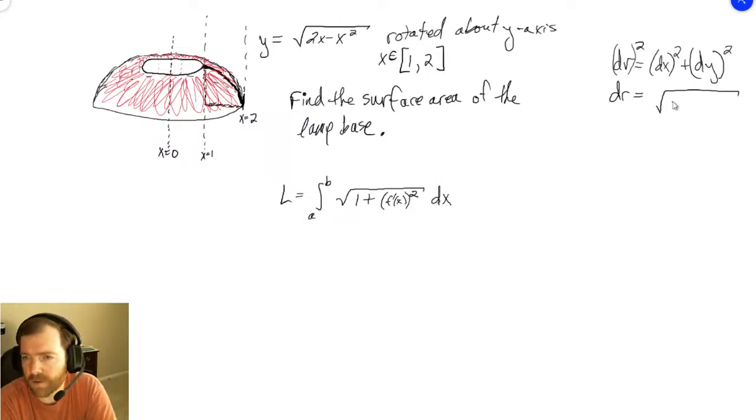And we can factor out a dx squared from all these terms. That becomes 1 plus (dy/dx) squared.